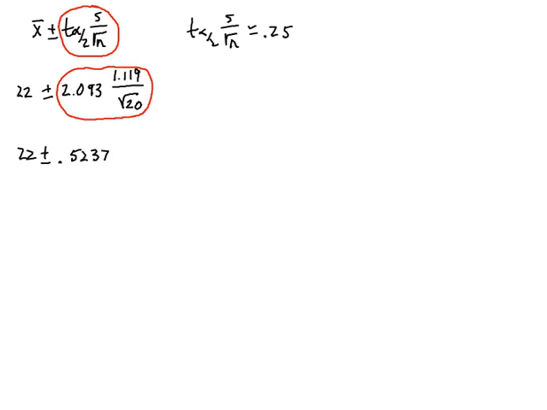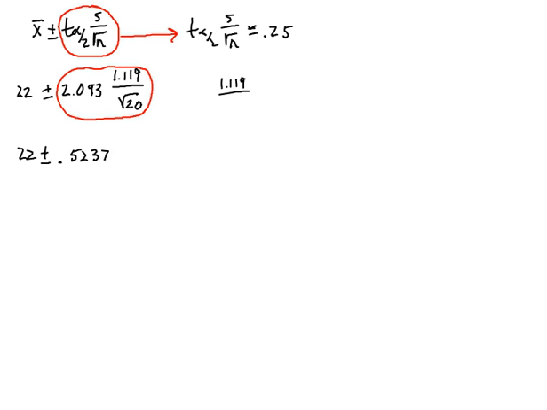Well, I could just take this margin of error part of the formula and set it equal to 0.25. Now, I already know that my sample standard deviation is going to give me a hopefully fairly good estimate of the standard deviation.